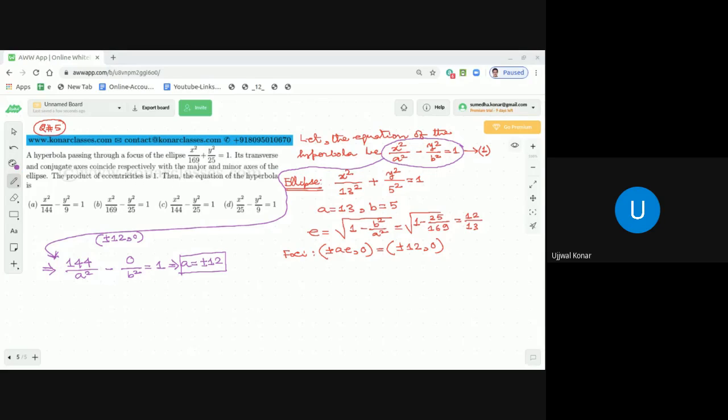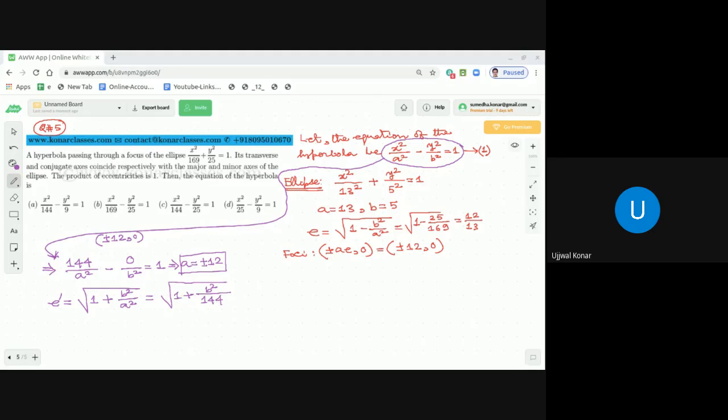Now what is the eccentricity of the hyperbola? If we assume the eccentricity of that hyperbola as e prime, e dash is equal to square root of 1 plus b square by a square. Right, dear students? So that becomes eventually square root of 1 plus b square divided by a square. a square is equal to 144 because a is equal to plus minus 12.